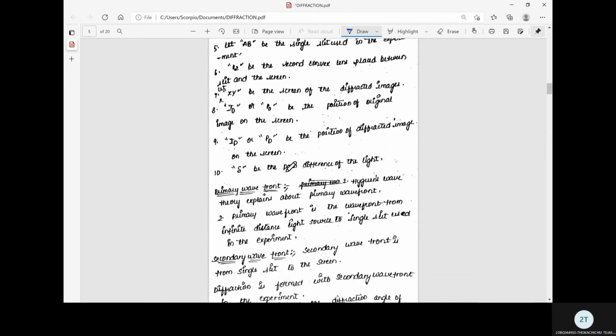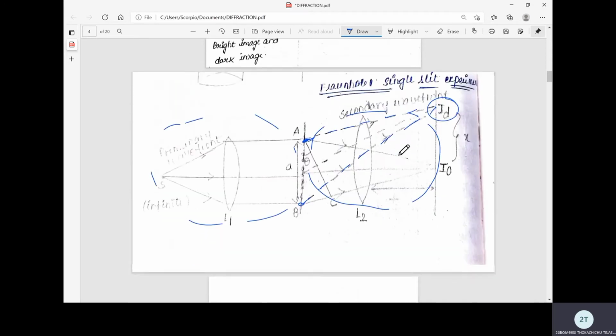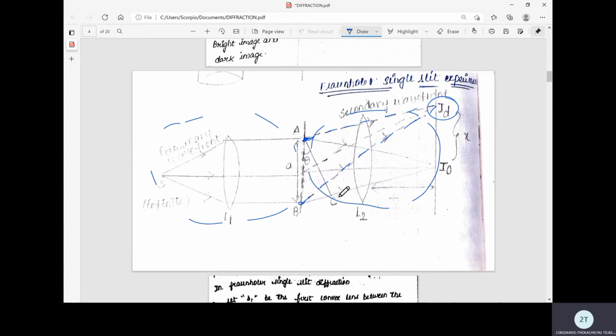Now, as we mentioned before, ID is the diffracted image and I naught is the original image, and we can clearly see that diffraction takes place with different angles of diffraction. So let's consider the angle theta here.